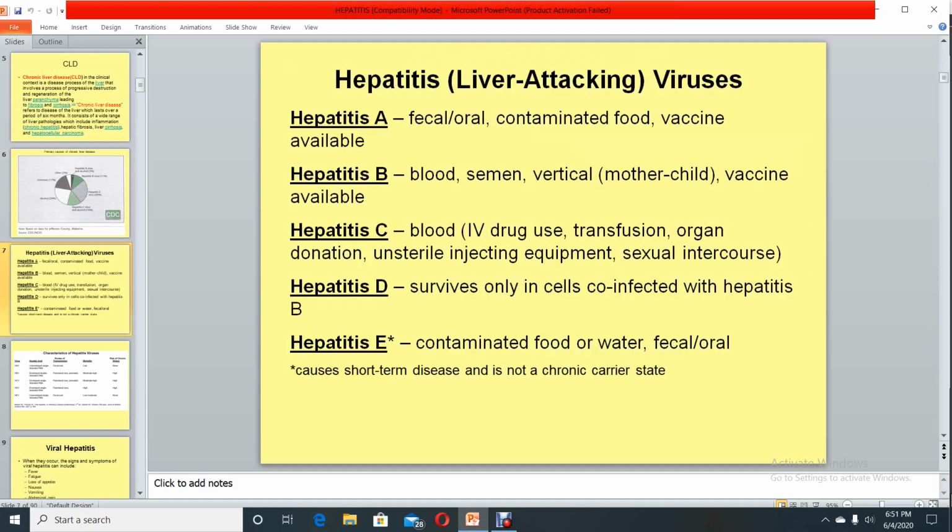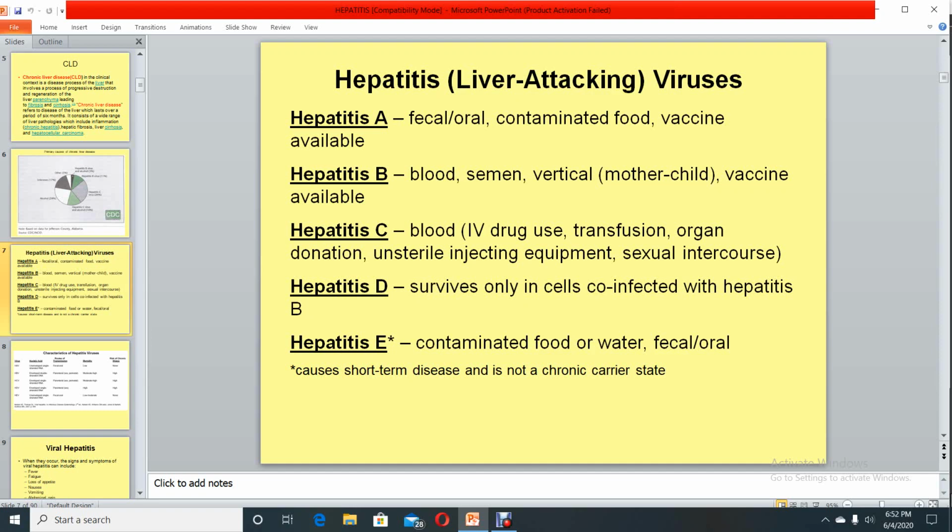Now, the hepatitis viruses are the hepatotropic viruses. They are called serial viruses. A: its route is fecal-oral, always contaminated food; vaccine available. Hepatitis B: it is a parenteral type of infection.